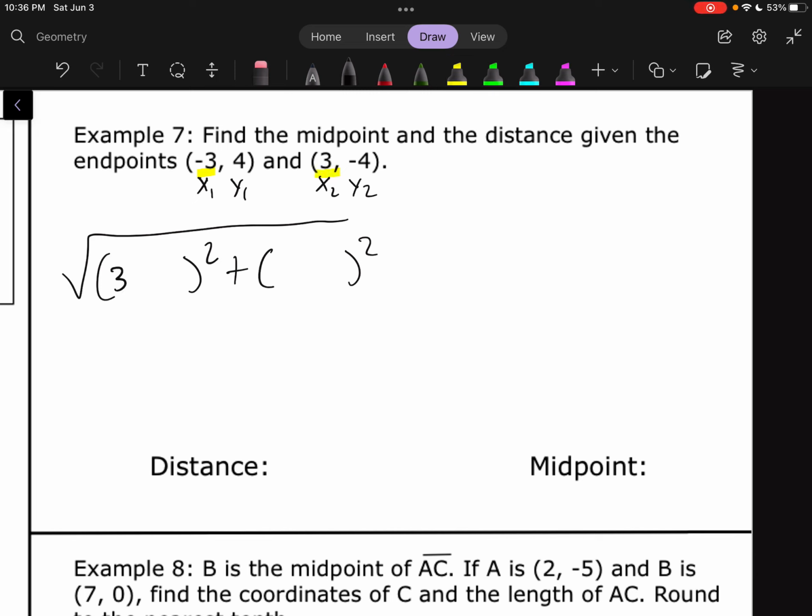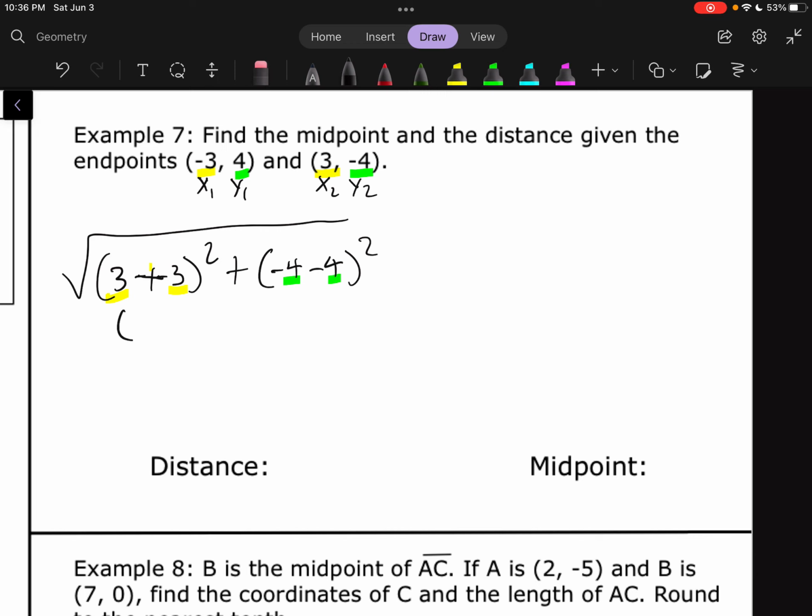So that's 3 minus negative 3. Remember, if we subtract a negative, that flips it positive, so 3 plus 3. And then y2 minus y1, negative 4 minus 4. Okay, like I said, it doesn't say anything about rounding, so I think we're going to get a good answer.